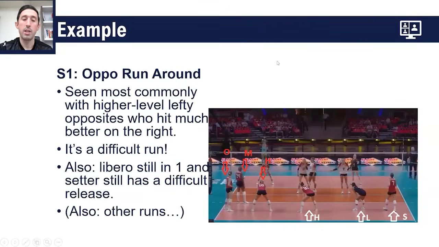Something you also see in setter 1 is various forms of stacking over on the left side of the court. So one of the challenges of setter 1 is that your outside hitter, who's presumably playing outside hitter because she's good at hitting on the outside, is stacked over on the right side of the court. And your opposite, who's presumably playing opposite hitter because she's good at hitting on the right side of the court, is now over on the left side of the court.